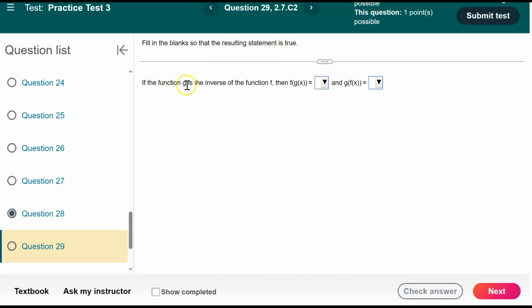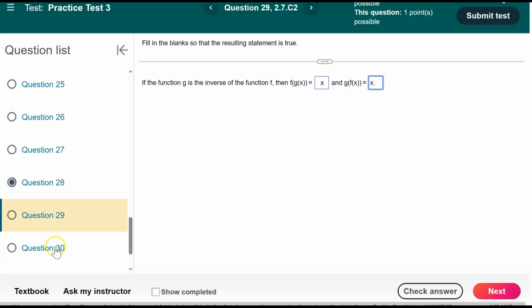If the given function g is the inverse of the function f, then f of g of x is equal to x. And also g of f of x would still be equal to x.